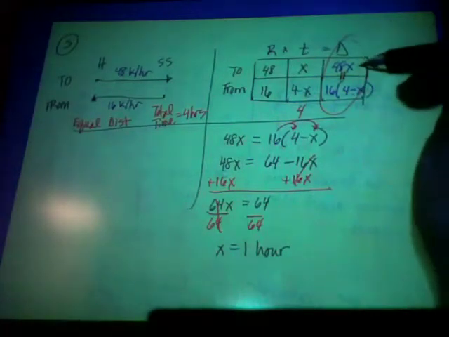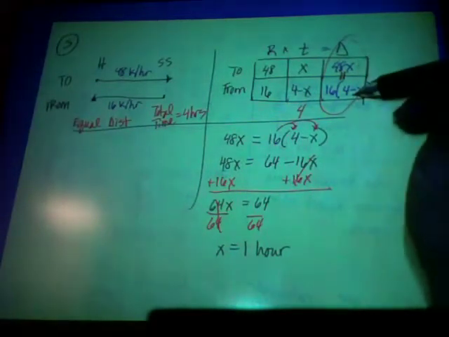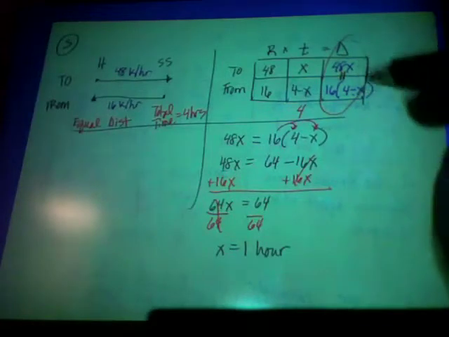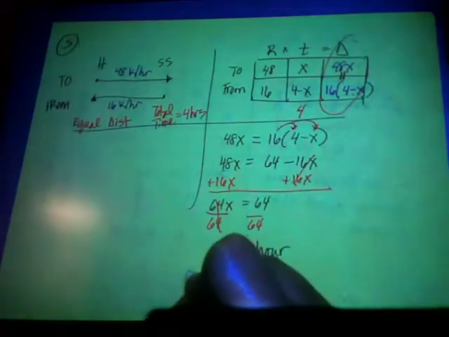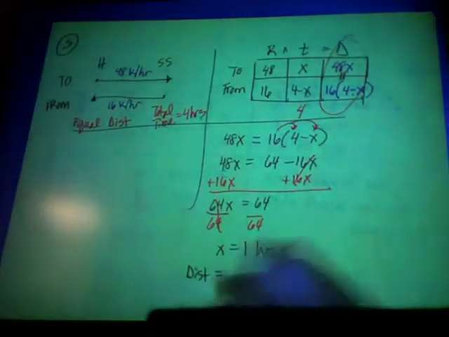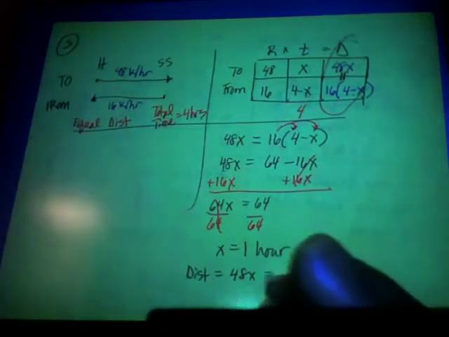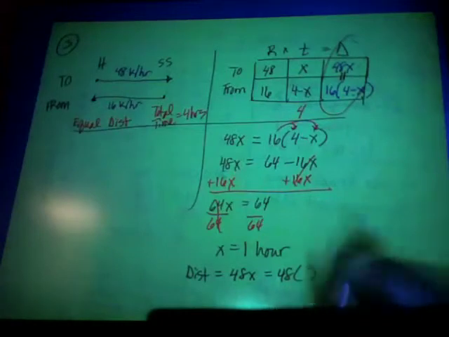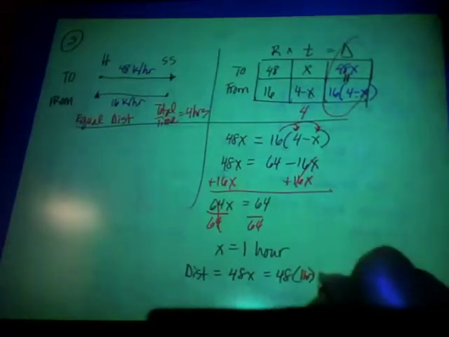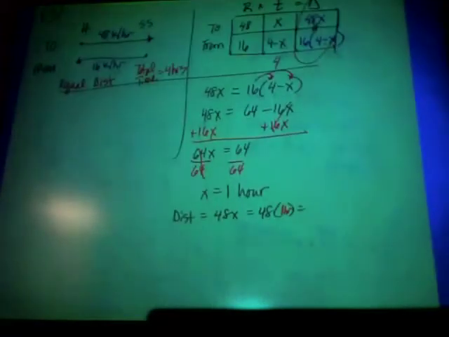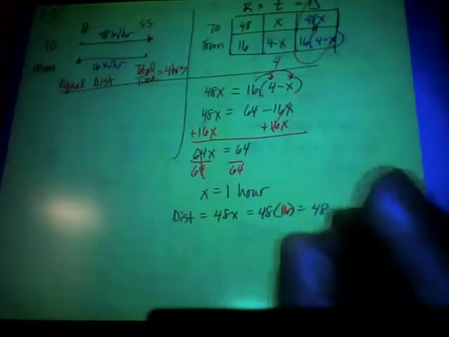This is from her home to the service station, and this is the service station to her home. Which one would you rather plug it into? I'd rather plug in the first one. So we're going to take the distance, which is equal to 48x, and we're going to plug in for x 1 hour. And because it's distance, isn't it going to come out to be 48 kilometers?